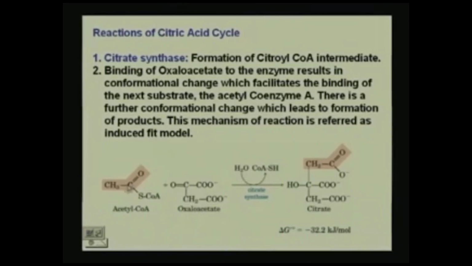So when we have this acetyl CoA and we have oxaloacetate, oxaloacetate has 4 carbon atoms. We are adding acetyl to it. So now this has 6 carbon atoms. Okay, 4 from your oxaloacetate and 2 from the acetyl part of acetyl CoA. So now we have synthesized citrate using citrate synthase.